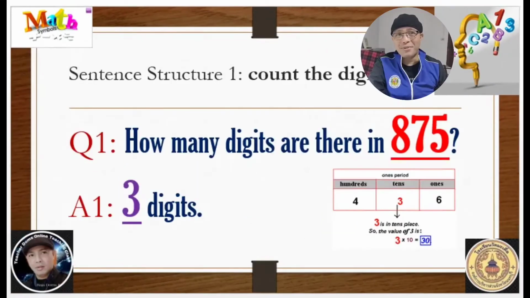We do have two sentence structures for this topic. Our first sentence structure is count the digits. The question goes this way: how many digits are there in 875? 3 digits.